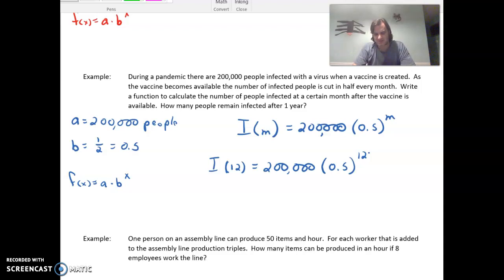But let's make sure that, since we know the vaccine is supposed to help and we're cutting this in half, we get something dramatically smaller than 200,000. I round it to the nearest whole number, and I get 49 people still infected.